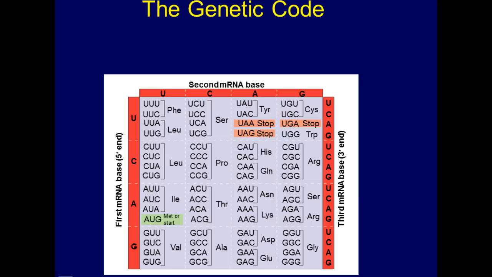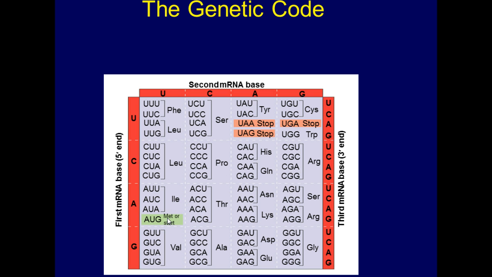Now, in addition, write that 3 of the 64 codons are used as stop signals, and you see them right here. So 3 of these 64 are used as stop signals. And one of them is used as this start, and we're going to see that here in a second in translation.